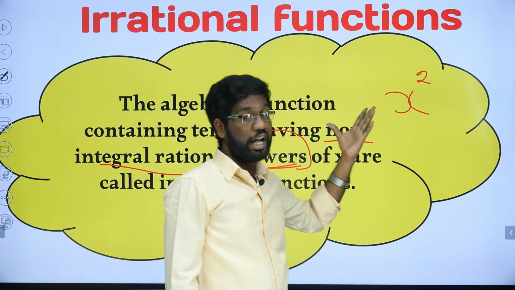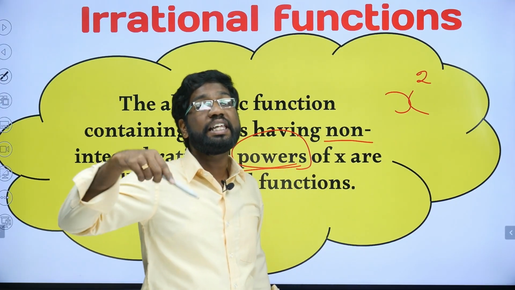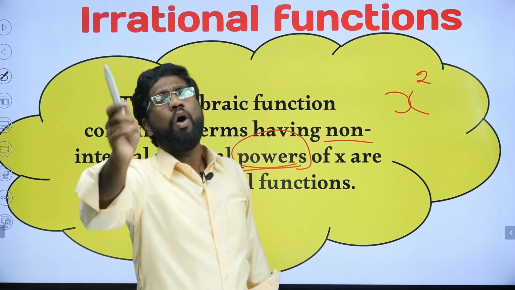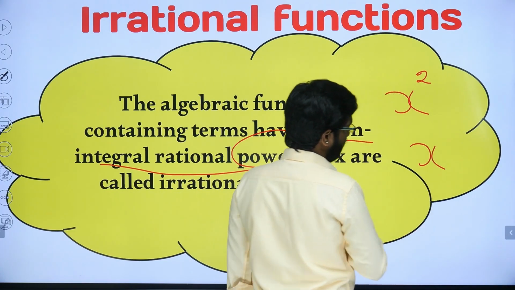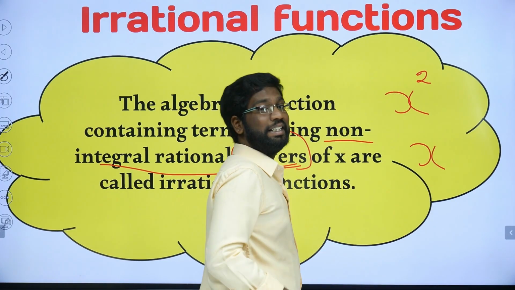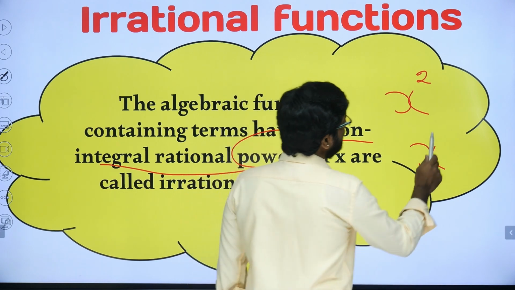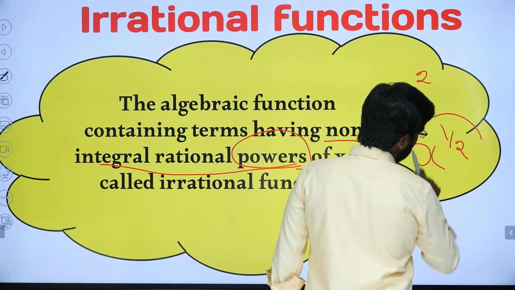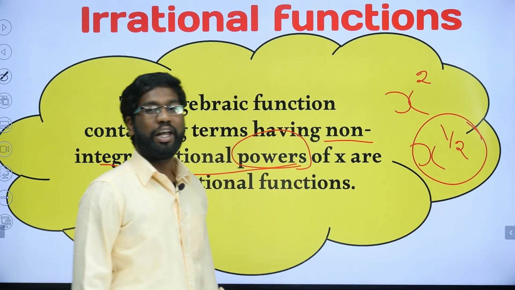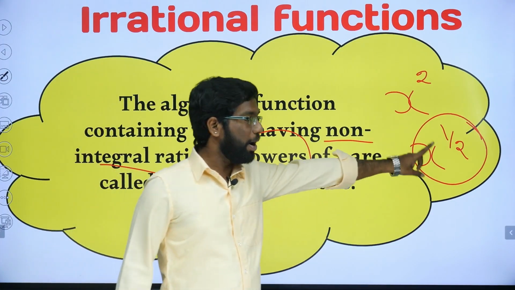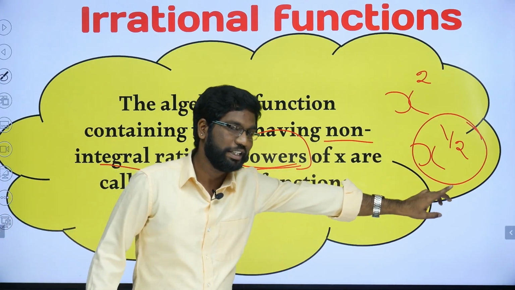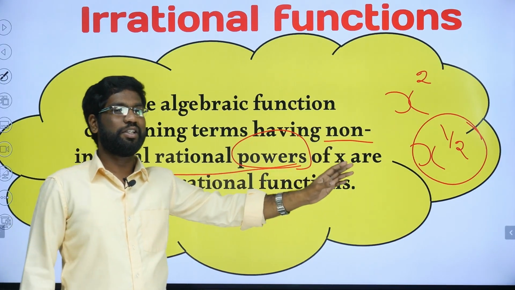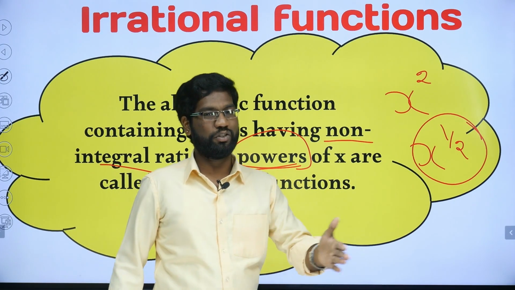Now I have to convert this function into an irrational function. How can I convert? Let's see. That's what they have given, non-integral rational power. So x power 1 by 2. If my power is non-integral, that is not an integer value, I hope you know, integers mean 0, 1, 2, 3, minus 1, minus 2.